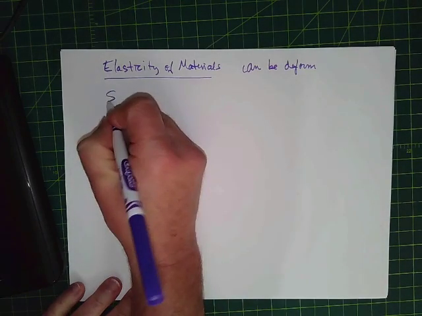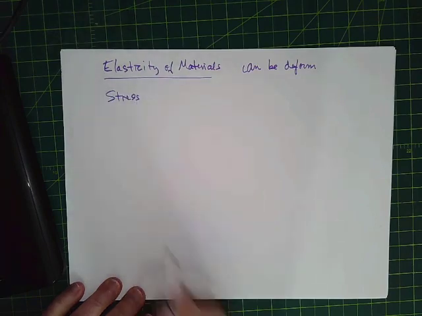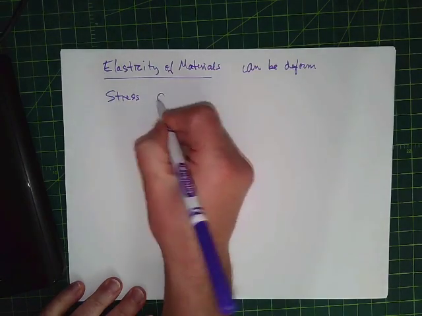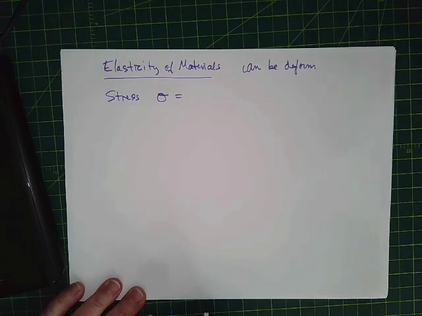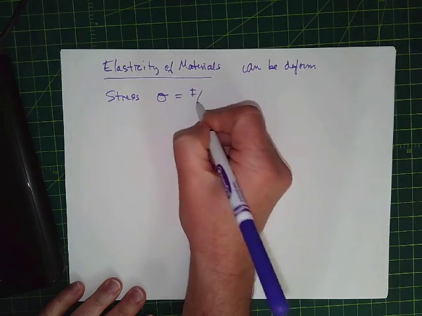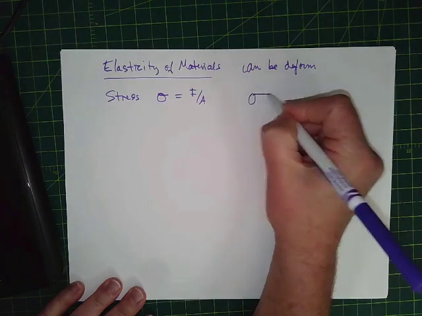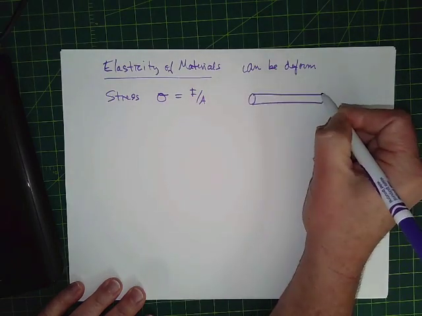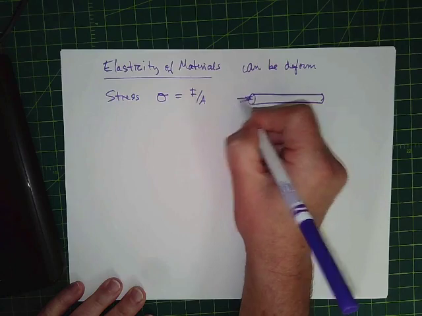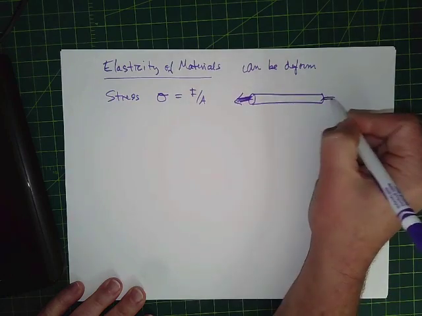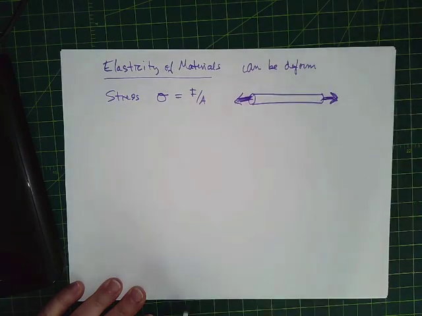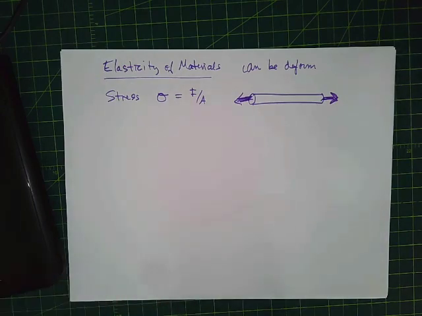So stress, like we saw in the equation, we're calling sigma. Stress, sigma, is force per unit area, force over area. Maybe the easiest example is a force pulling on a cable or wire.